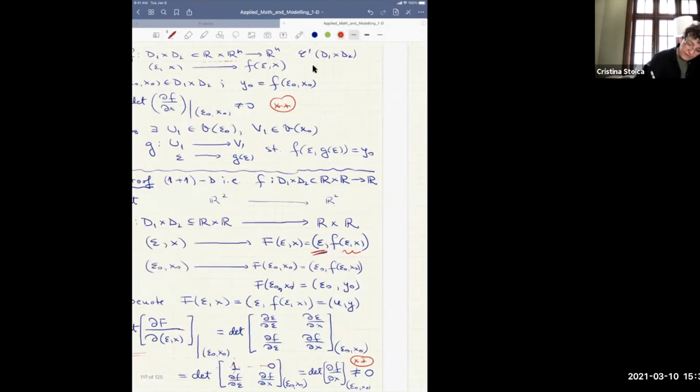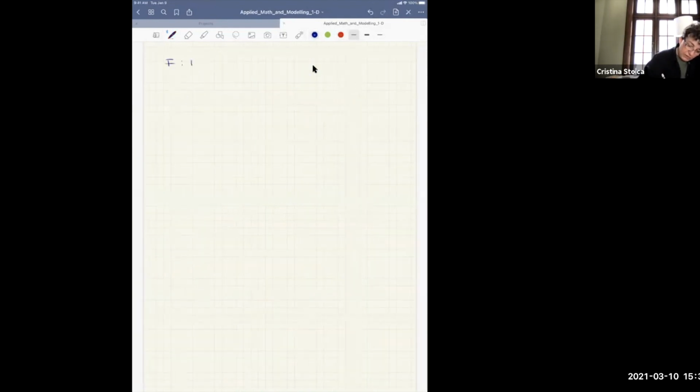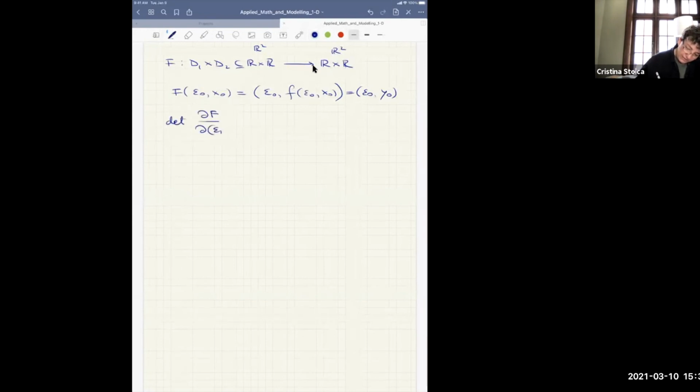What do we have? We have a big capital F defined on D1 × D2, R cross R, so it's from R² to R². And we have that F(ε₀, x₀) is (ε₀, f(ε₀, x₀)), which is (ε₀, y₀). And we have that the determinant of the Jacobian dF at (ε₀, x₀) is non-zero.